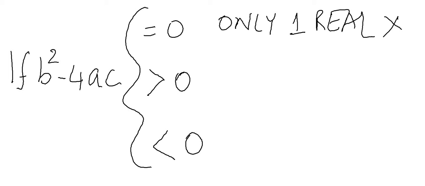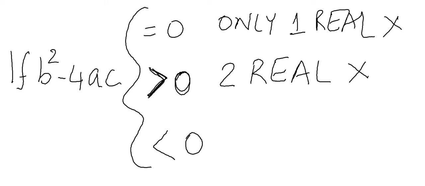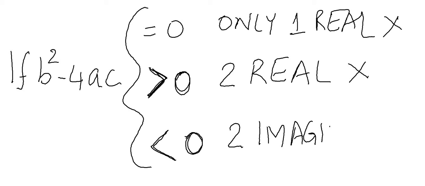Now if b square minus 4ac is positive, greater than 0, then you have two real values of x. And if b square minus 4ac is negative, less than 0, then you have two imaginary values of x. So that's the role of the discriminant b square minus 4ac for any quadratic equation.